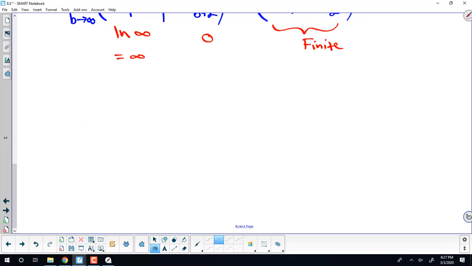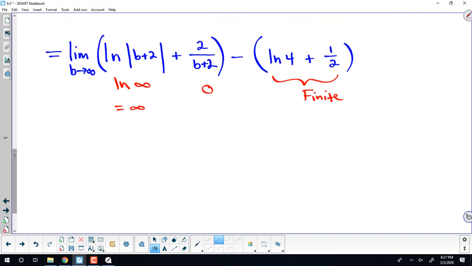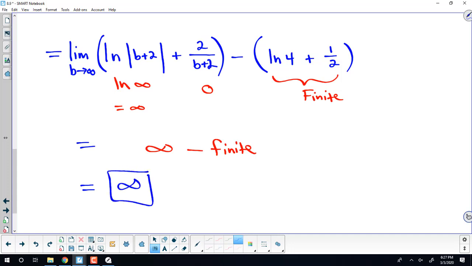So what we have is infinity for that first parentheses, and then subtracting a finite number is still infinite. Again, if that were infinity minus infinity, you'd have to do L'Hopital's rule to figure out what that limit actually is. So as long as it's something like this, we can rest assured that it is infinite, and that this diverges, or is divergent.